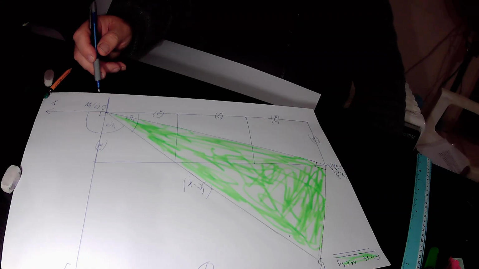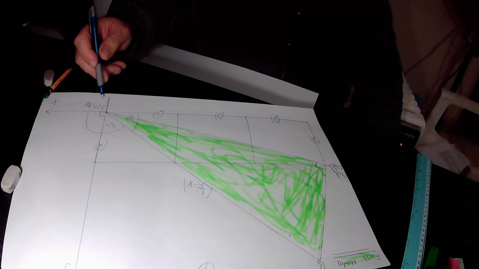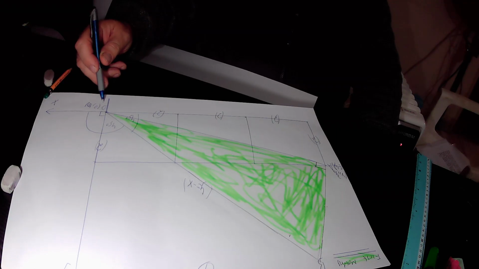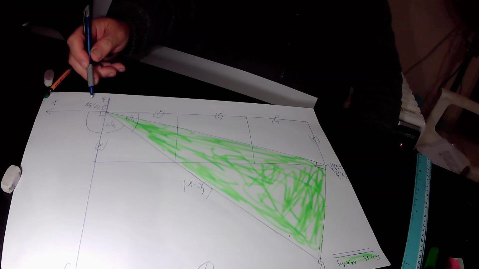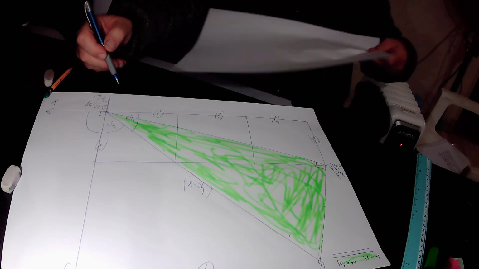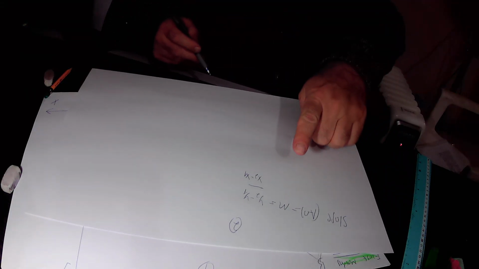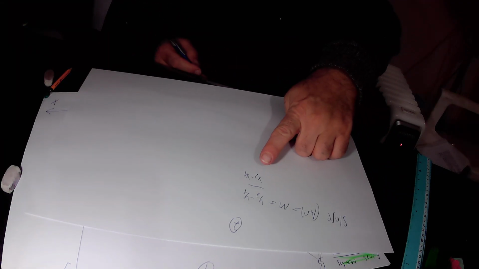Here we define the coordinates of point O: the coordinate x of point O, 0, as x1, and the coordinate y of point O as y1. Okay, so the slope of the straight line AO equals M equals y2 minus y1 over x2 minus x1.